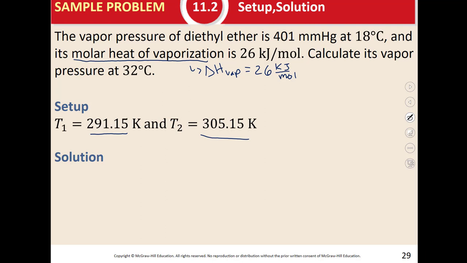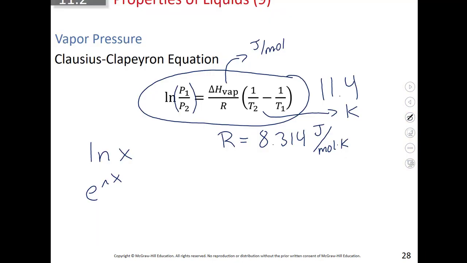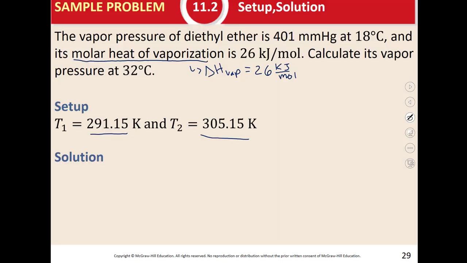Change these kilojoules per mole to joules per mole, because R is in units of joules, so we need delta H to be in units of joules. So how do you convert kilojoules to joules? What's the conversion factor? Times it by 1,000. Good. Kilo means 1,000. So there are 1,000 joules per kilojoule. So 26,000 joules per mole.